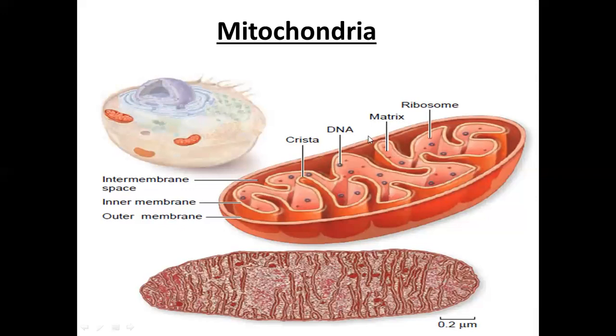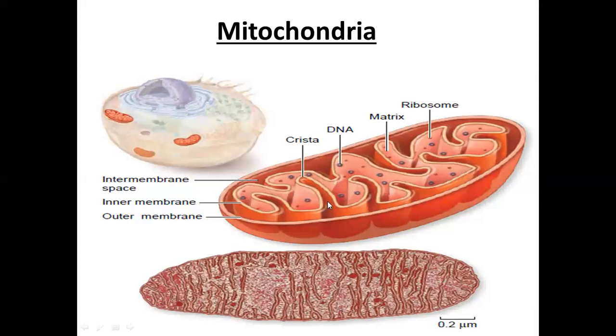On the surface of the inner membrane, and also embedded within it, are proteins that carry out oxidative metabolism for ATP production. Remember I mentioned that the mitochondria have their own DNA, which contains several genes that produce proteins essential for the function of the mitochondria.